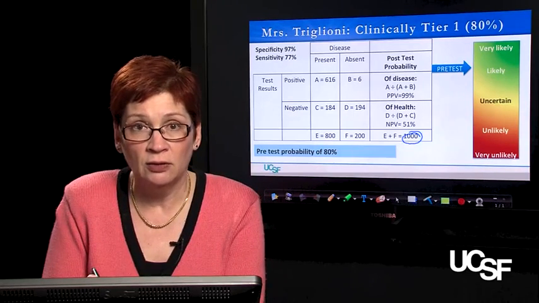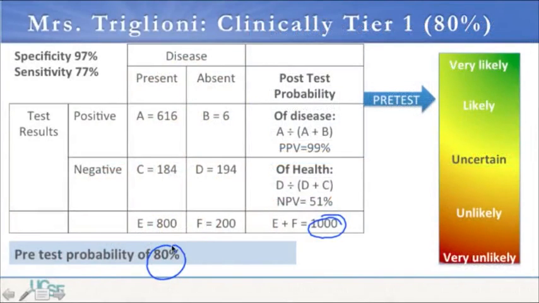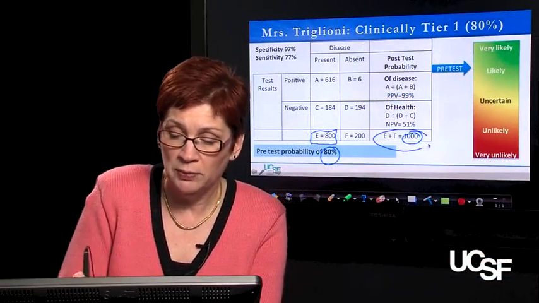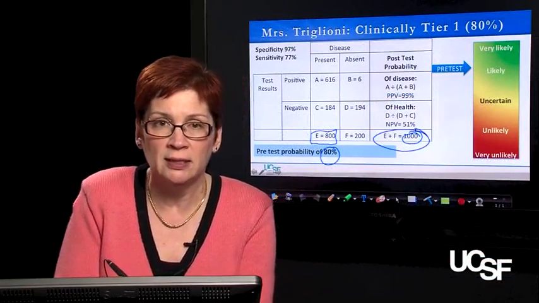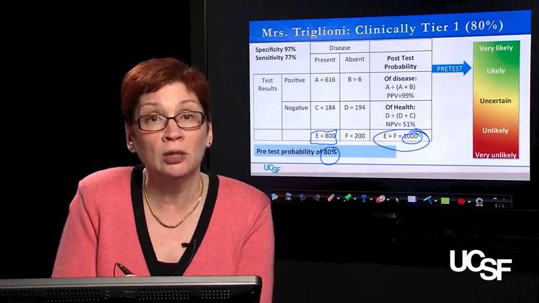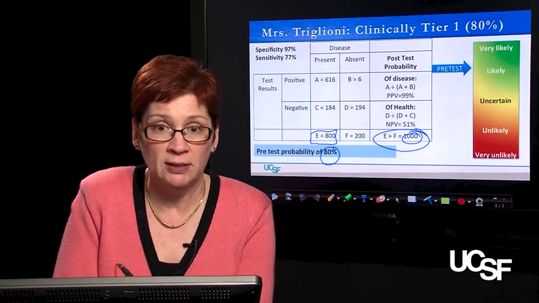And then to fill in the table, first we use our pretest probability of 80% to fill in this quadrant here, the quadrant E, which is all people within the total population who actually have the disease. And we're estimating that about 80% of people who look like Mrs. Triglione does in this clinical situation will turn out to have this disease.